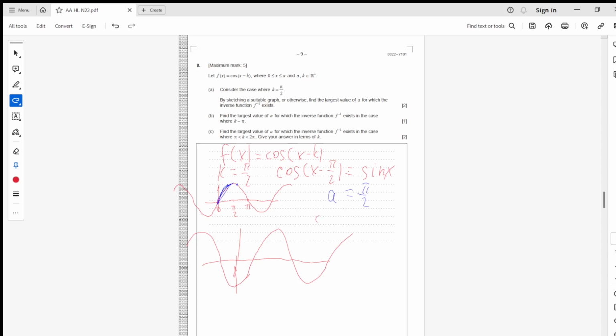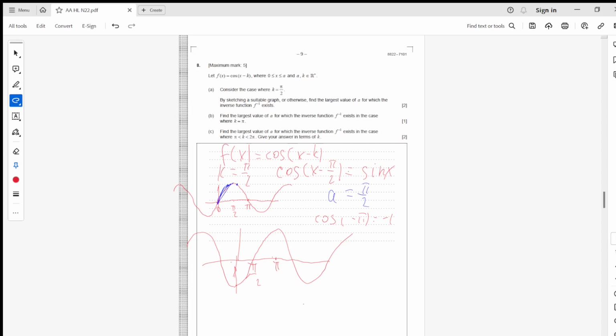Because cosine of minus pi is equal to minus 1, and that's why we are starting from this point. So, this is pi, this is pi over 2.